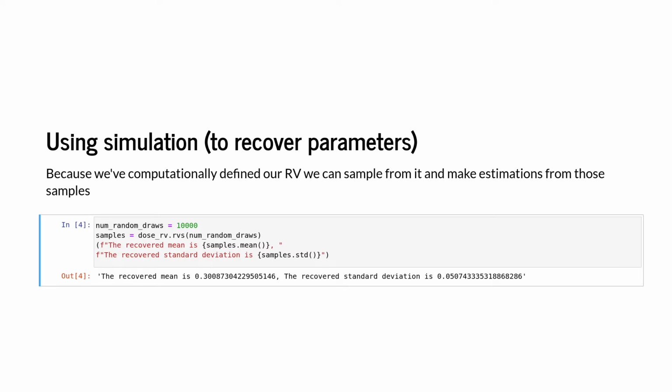We take our random samples, we take the mean, we take the standard deviation using mathematical formulas that are not shown here, or in our case, using a computer which has encoded these mathematical formulas, and we get the mean out, which is 0.3, and we get the standard deviation out, which is 0.05. So simulation can help us learn things about our random variables and sort of abstract the math away from us, which is very, very handy.